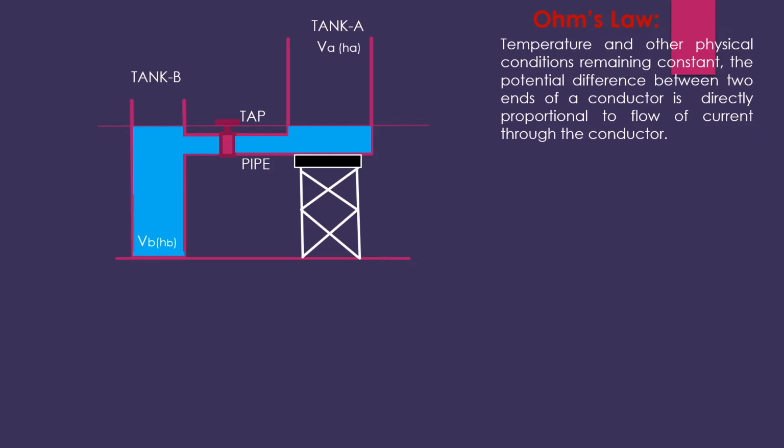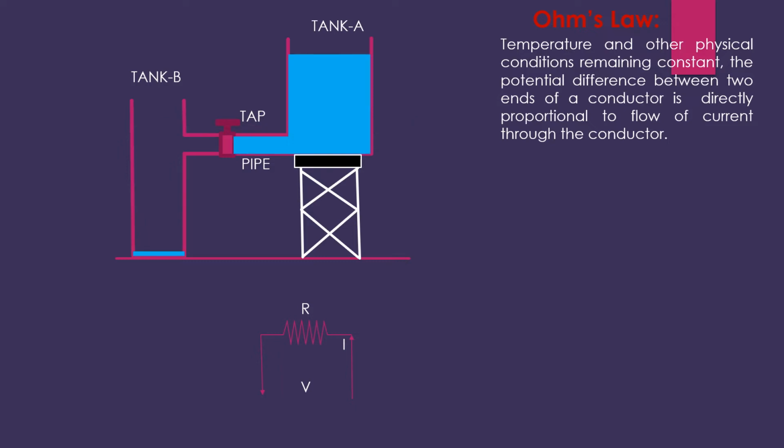Similarly, we can compare the phenomena with voltage, current and resistance of an electrical circuit, where higher potential is VA and lower potential is VB. The difference of level of water at both ends is VA minus VB. Similarly, we can assume the difference of potential at both ends of a resistance is VA minus VB.